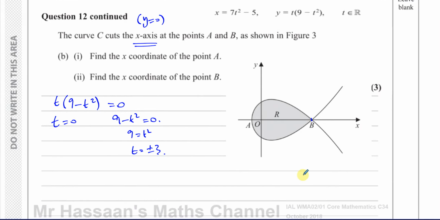Now we need to find the x coordinates at those points. When t equals 0, x is going to be 7 times 0 squared minus 5.